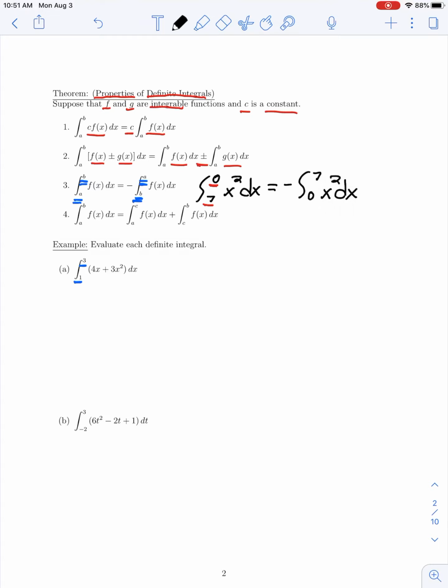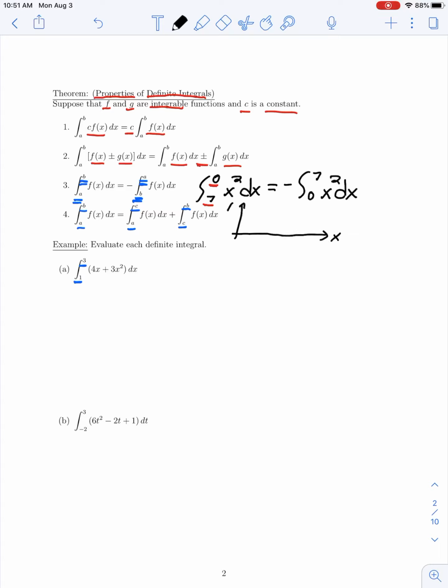Now, property number 4 says if we're integrating a function f of x on an interval from a to b, we can split this up by first integrating the function on the interval from a to c, and then integrating the same function from c to b and taking the sum of those values. And this property makes sense if we think about the geometric interpretation of the definite integral as area under a curve.